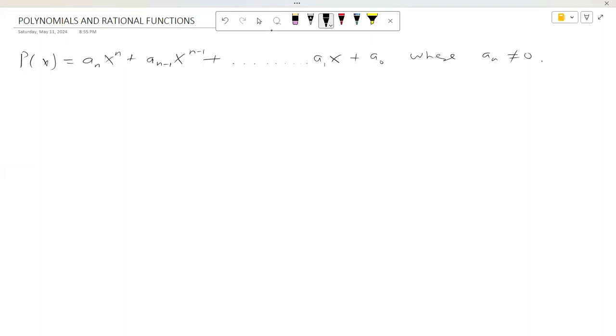So we call this the nth degree polynomial. It's an nth degree polynomial, right, an nth degree polynomial function, or a polynomial of degree n.